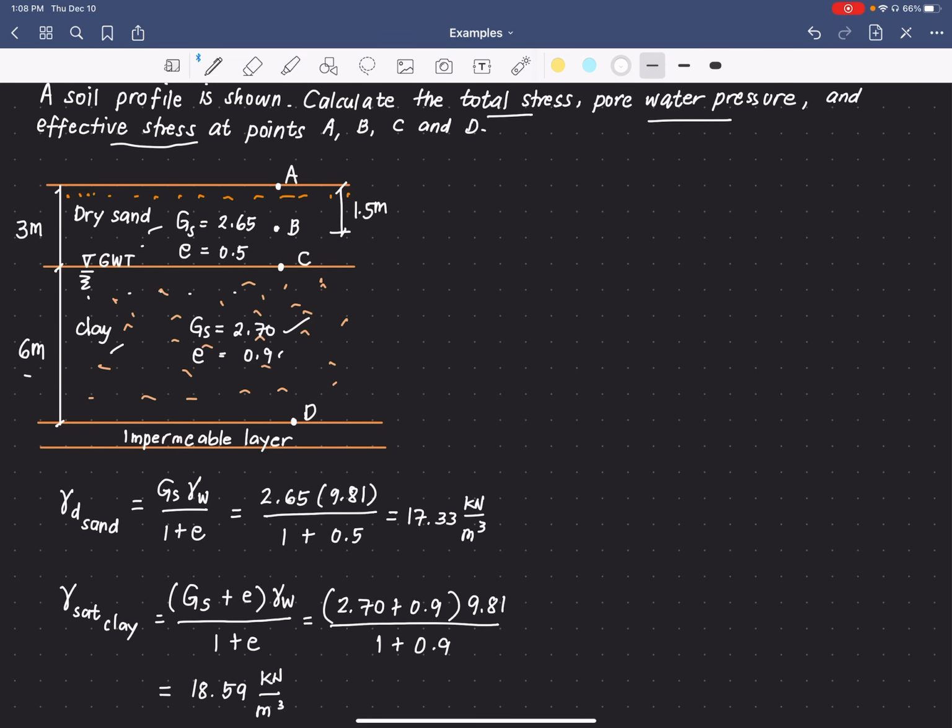Now we will be solving the total stress, pore water pressure, and effective stress per designated point.